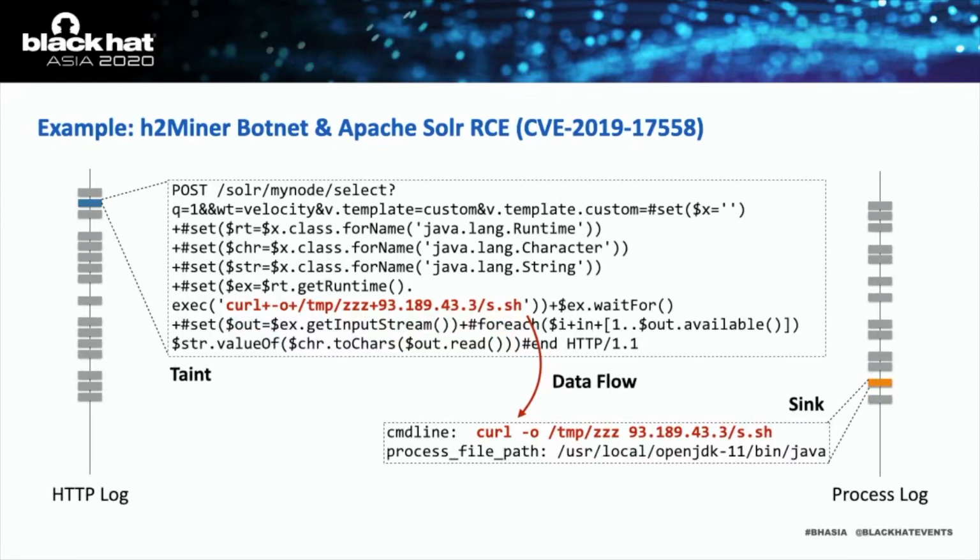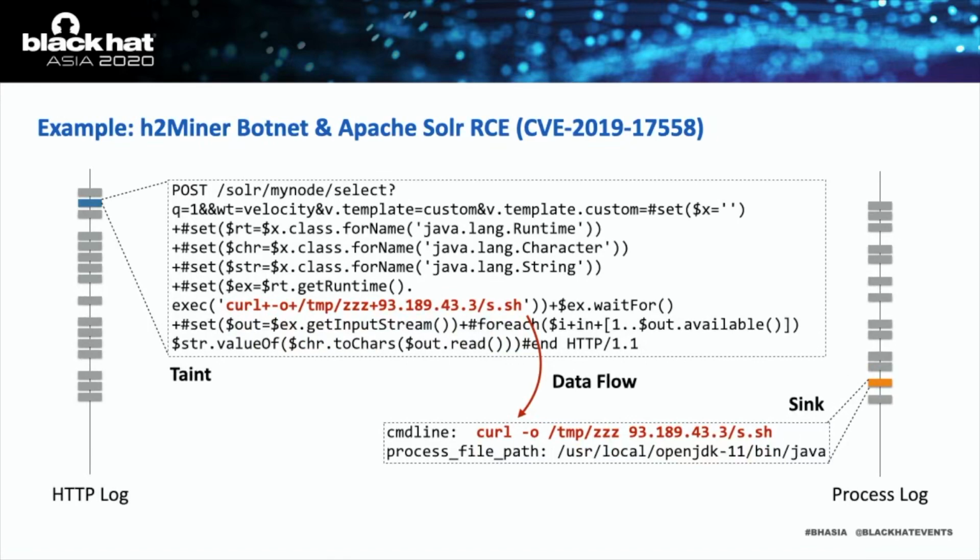Here is an example. The RCE vulnerability via Velocity in Apache Solr last year. We can see in the HTTP log on the left that the attacker executes a malicious command and downloads and executes a bash script.